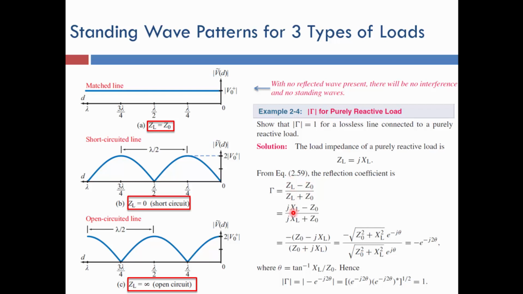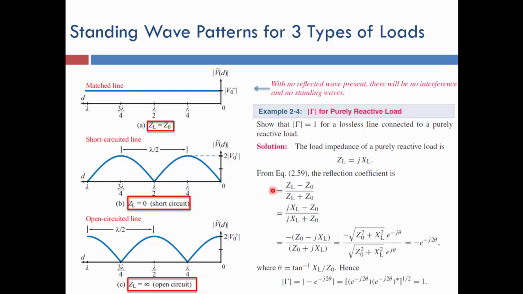Z load is purely reactive, for example an inductance, and by converting this complex number to a magnitude and phase, the reflection coefficient at the end is equal to minus 1 multiplied by exponential minus j2 theta, magnitude and phase. So this is the reflection coefficient.